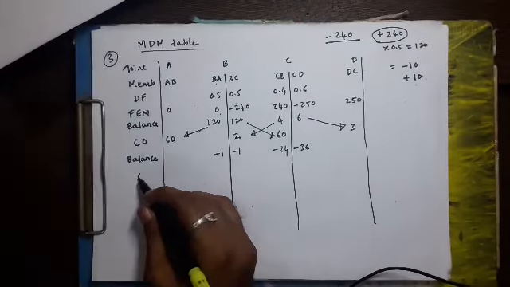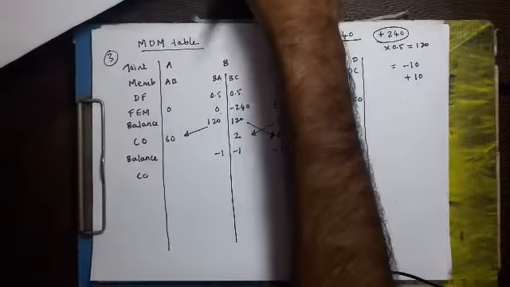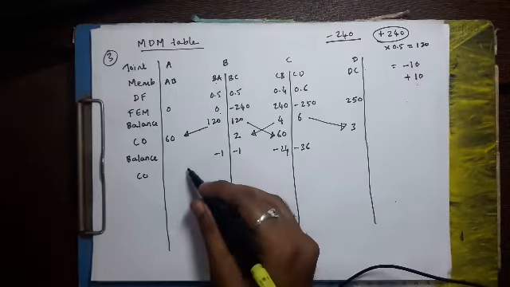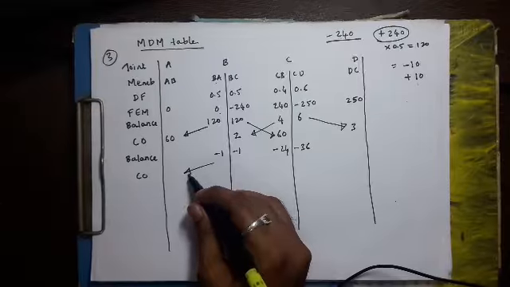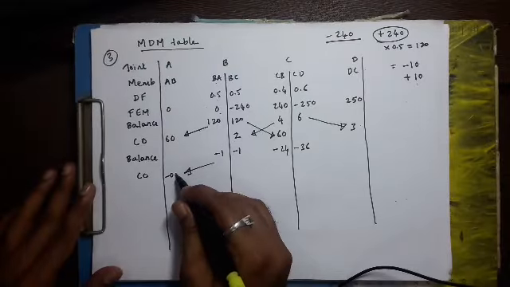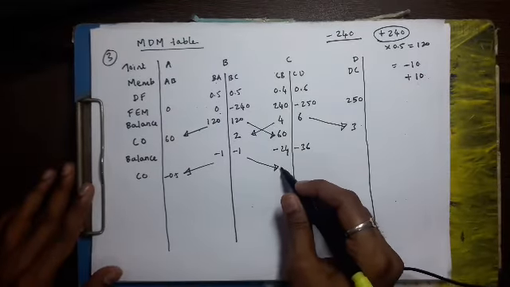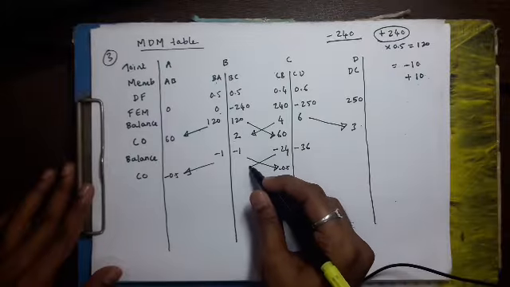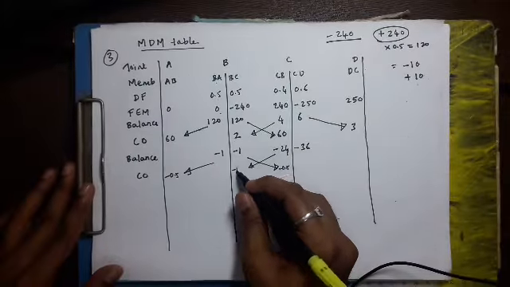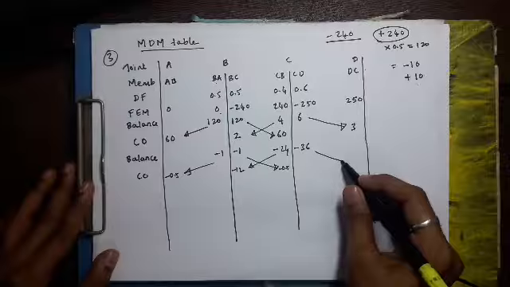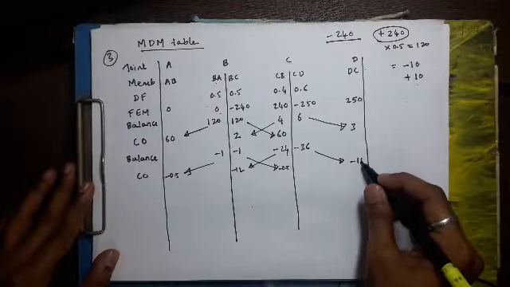So again you have carryover. I don't have to explain you. -0.5, -0.5, -12, -18.